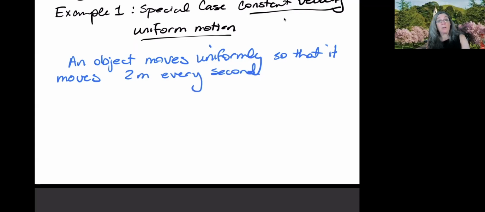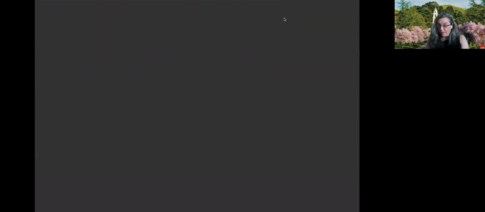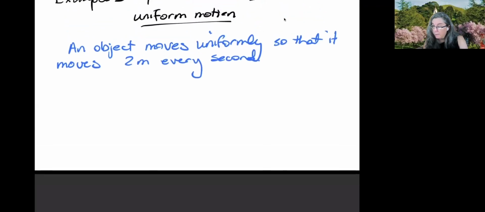So uniform, so it keeps doing that over and over again. So for the duration of the motion, every time it moves 1 second, it moves 2 meters. And so we could represent that a couple of different ways.